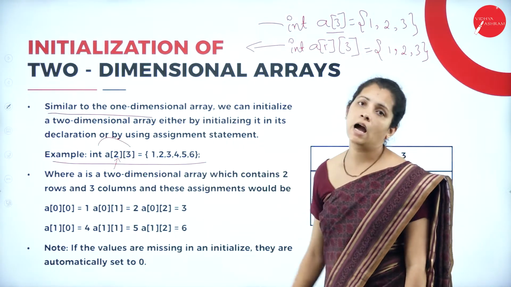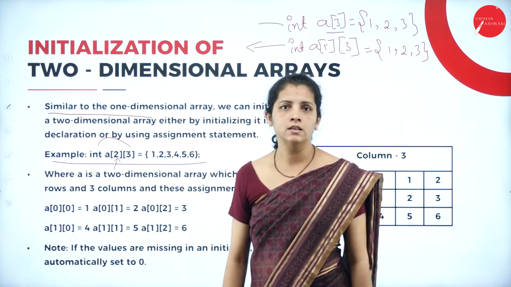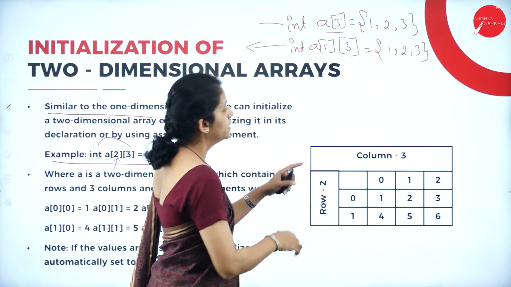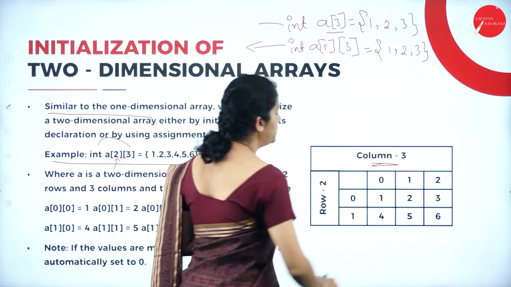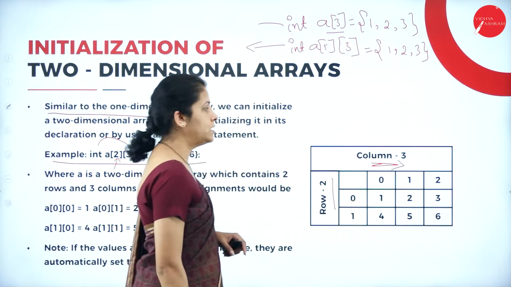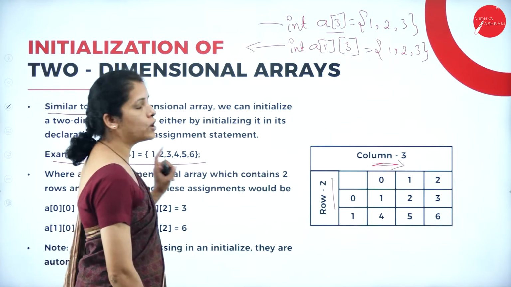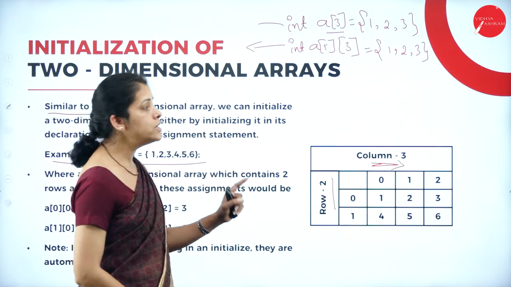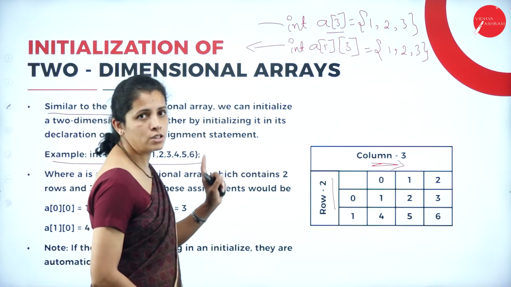Now for this, I want to construct the table. According to the given example, I have 2 rows and 3 columns. So 2 rows means I can have the 0th row and the first row.